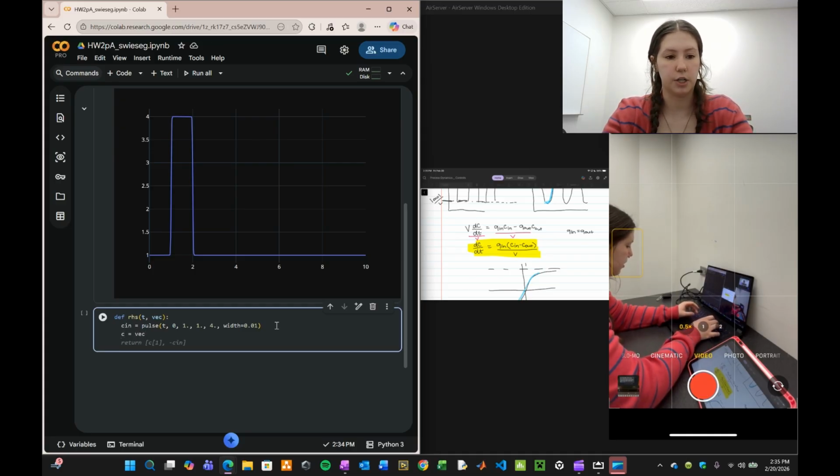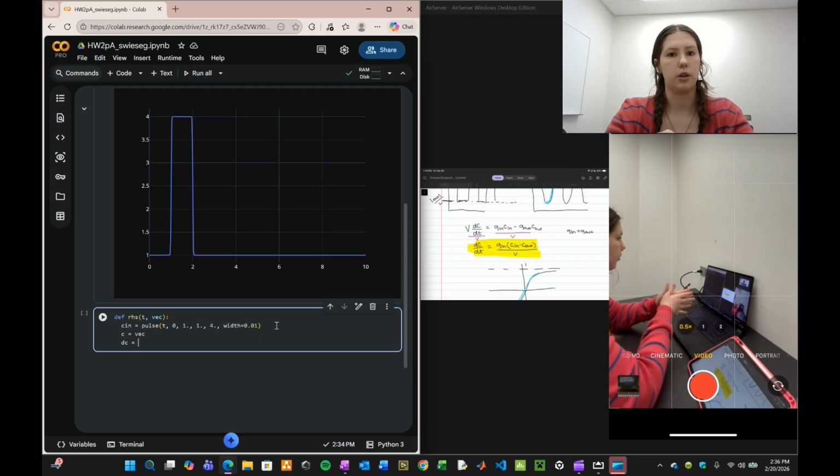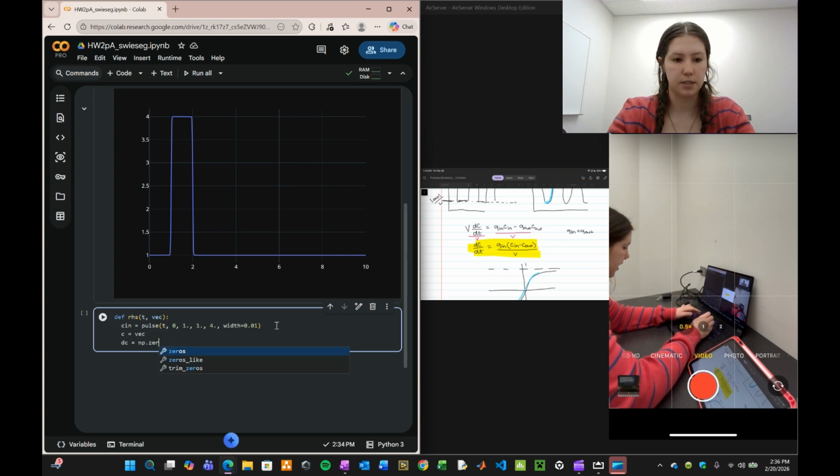And so we want our change in concentration to be equal to, we're going to create an array to store all of these changes in concentrations over time in all of these individual tanks. So we're going to do numpy.zeros, and we want an n amount because we have 100 perfectly mixed tanks, and so we want 100 changes in concentration.